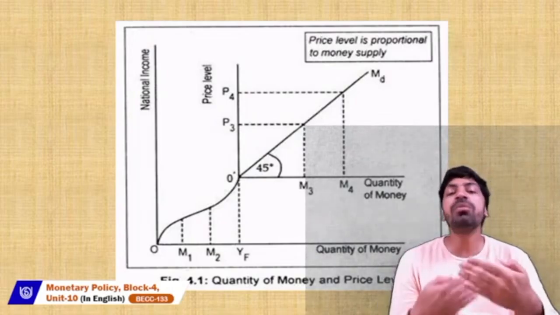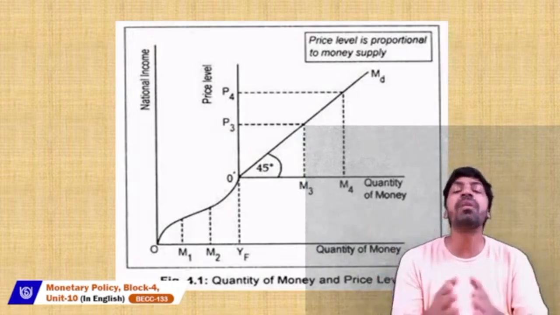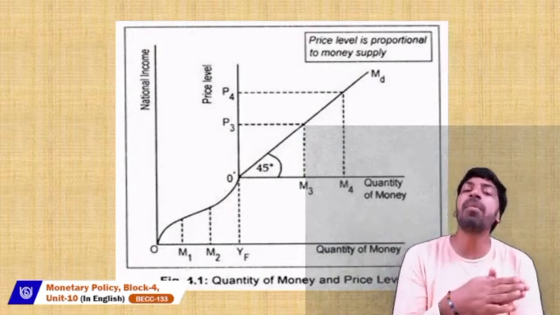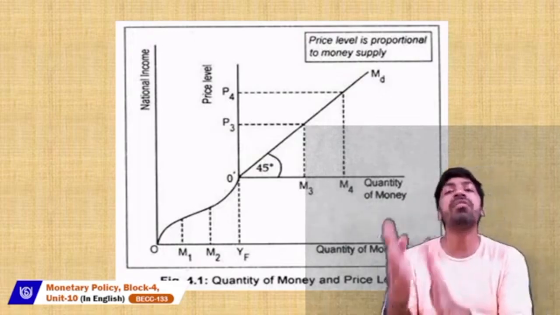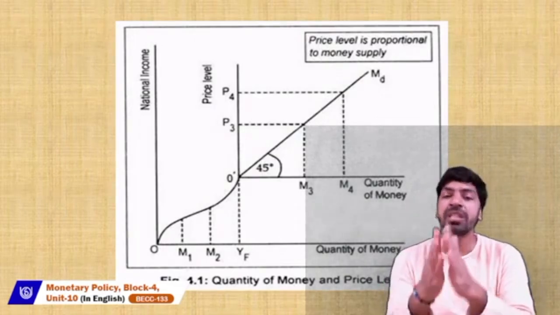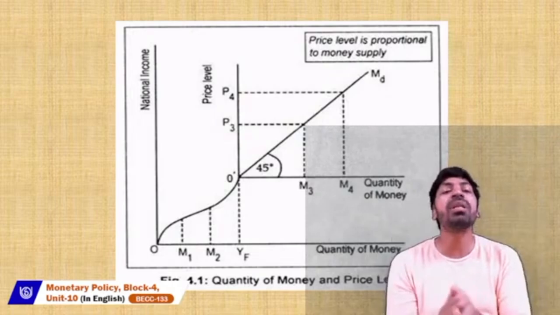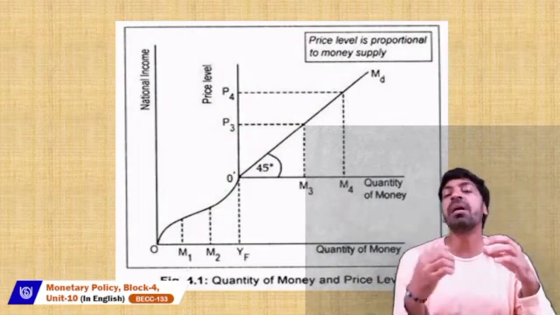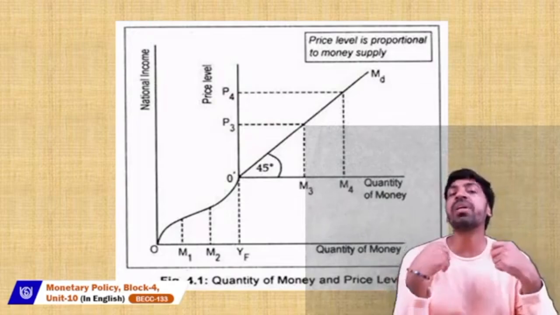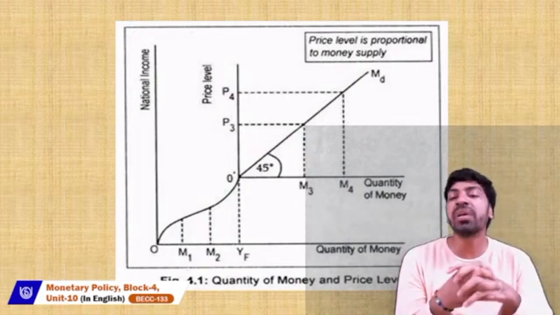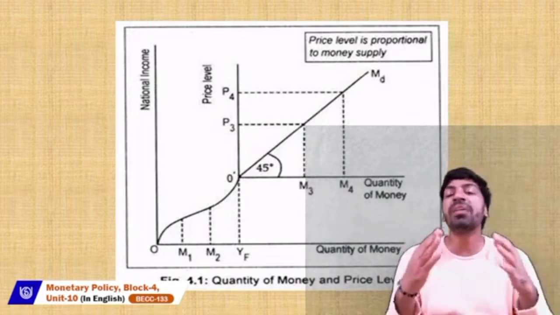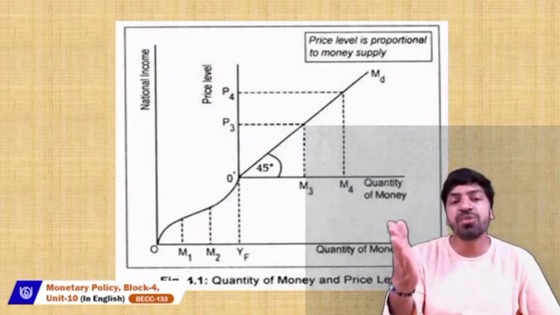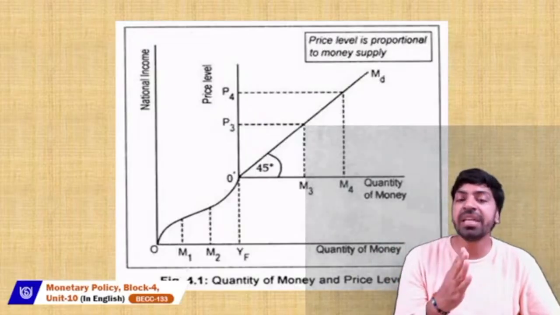So this diagram shows the positive relationship which begins from the below employment rate to the full employment rate, in one particular diagram. And when the quantity of money increases, the price level increases, which automatically creates a situation of inflation.